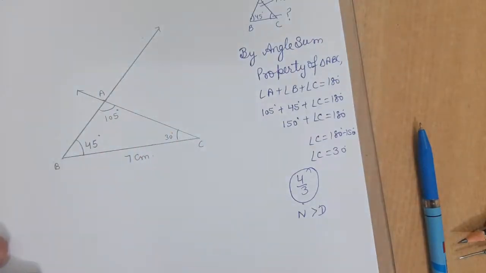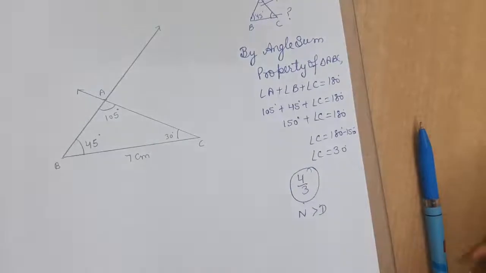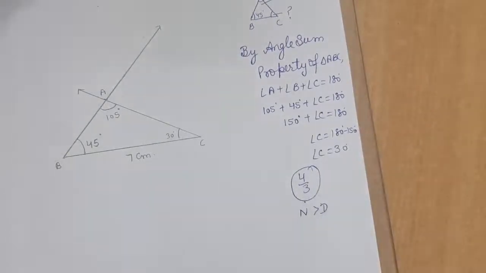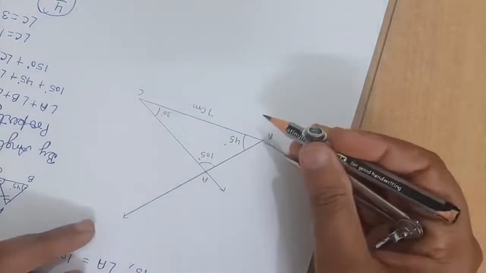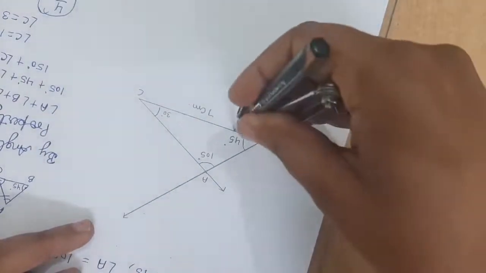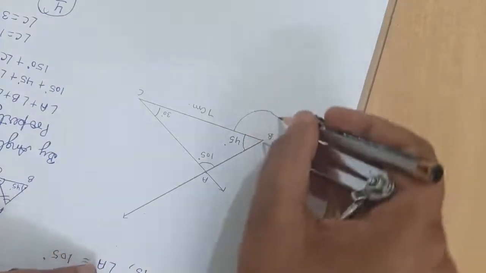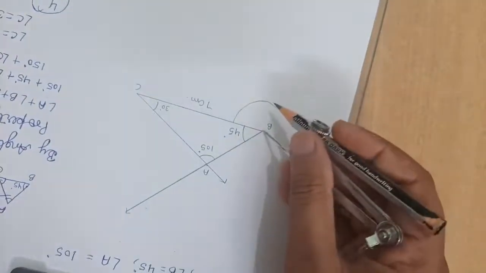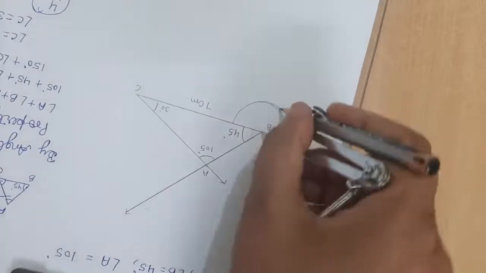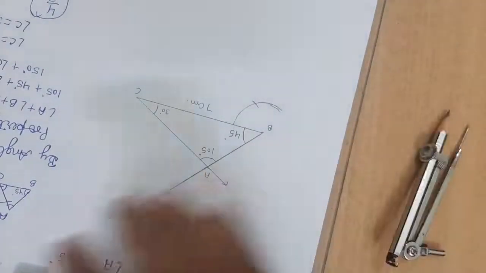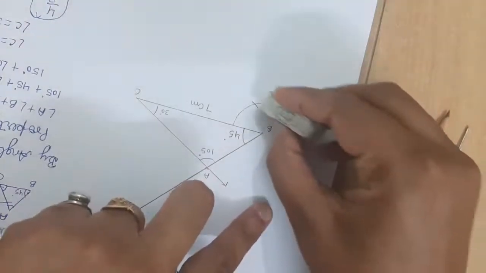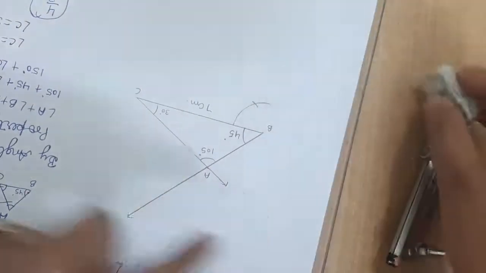So for this, what will we do? Again we will draw an acute angle at point B, or we will draw a ray. We will draw a ray BX on the opposite side of BC, on the opposite side of vertex A. Like this we will draw.